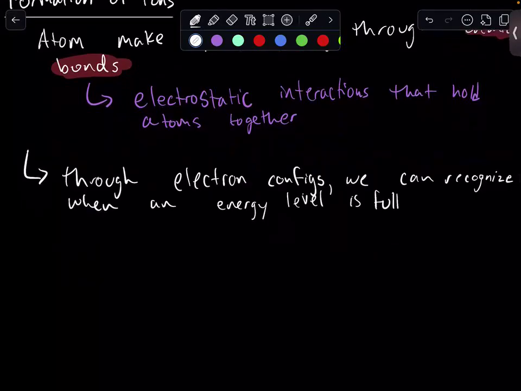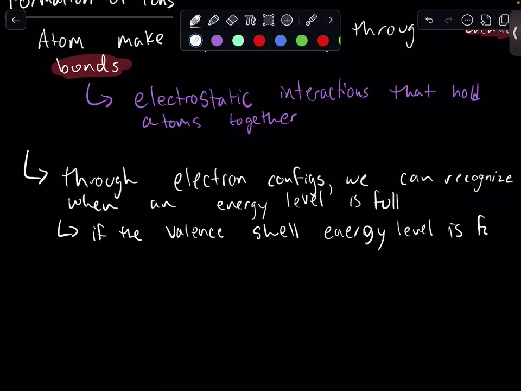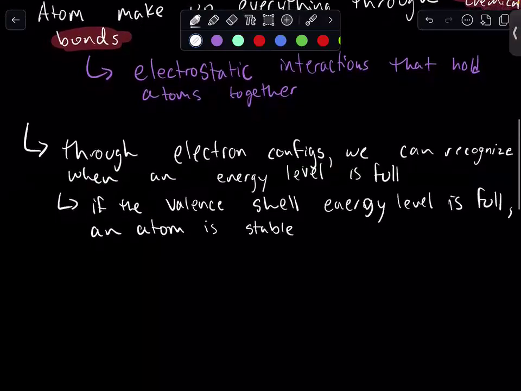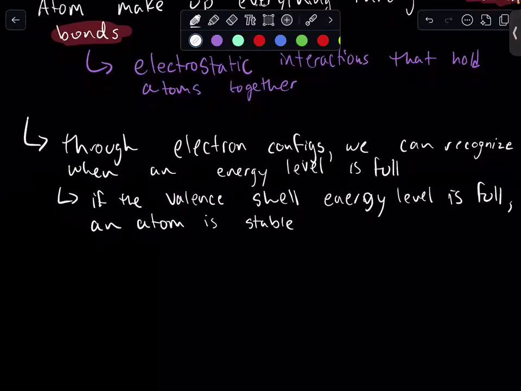But we can see when they're full. We can see when inner ones are full or outer ones are full. But there's something particular about this. If the valence shell, meaning the outermost energy level, is full, the atom is stable. So they generally become stable when their outermost energy level is completely occupied with valence electrons. So atoms will do this to become stable.